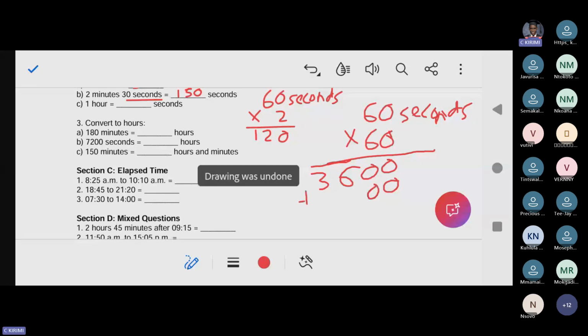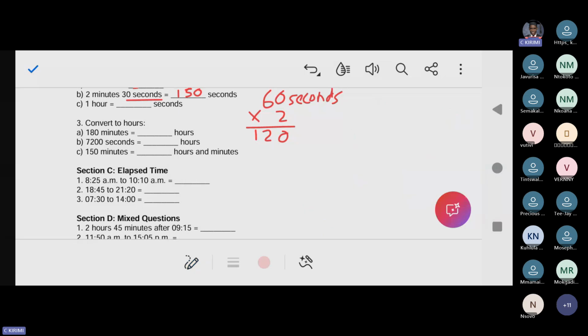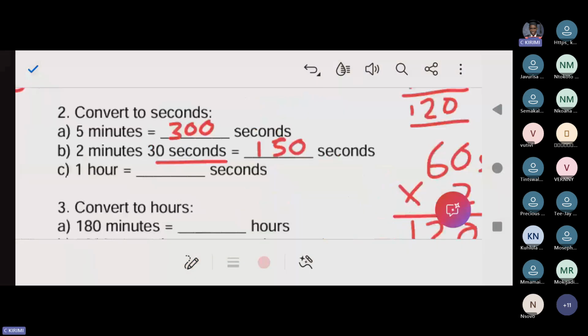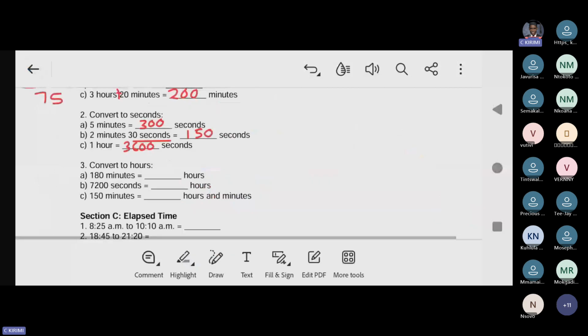Then you add your numbers. So it's 3,600 seconds. 1 hour is equal to 3,600 seconds. That is the answer for number 2C.